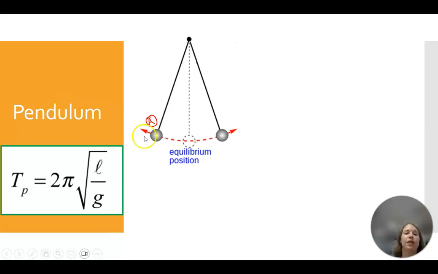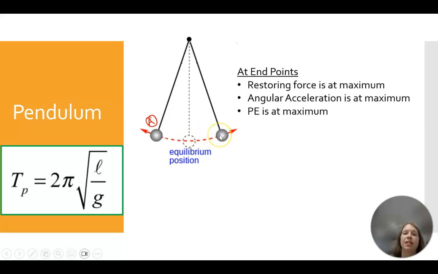And the acceleration of this bob is at its maximum as well, because it's going from moving to the left, to stopping, to turning around and going to the right. In the middle here, it's maybe speeding up a little bit, or maybe not even speeding up, in the instant before equilibrium and the instant after equilibrium. And then it starts to slow down and stop, and then we're at a place of maximum acceleration.